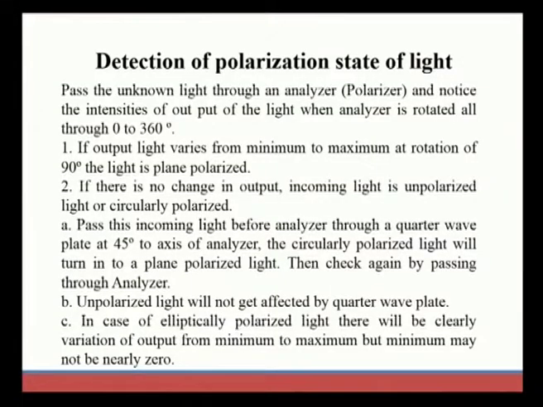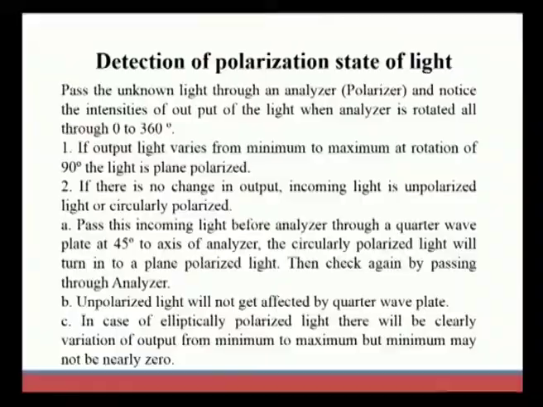Also, pass this incoming light, before the analyzer, through a quarter wave plate at 45 degrees to the axis of the analyzer. The circularly polarized light will turn into plane polarized light. We already know that the output from a QWP is always circularly or elliptically polarized for plane polarized input.